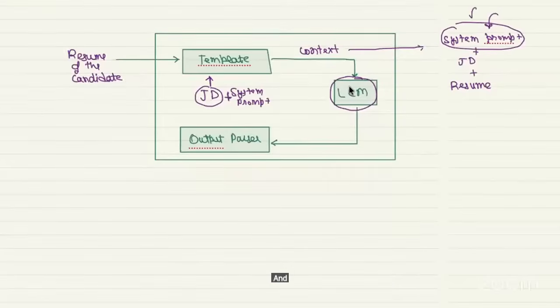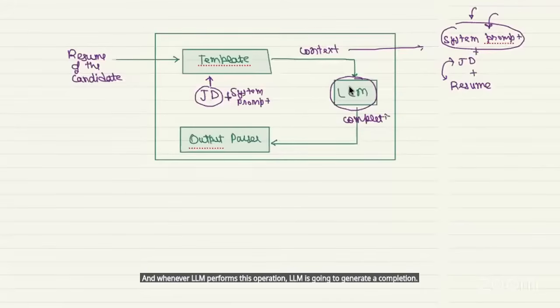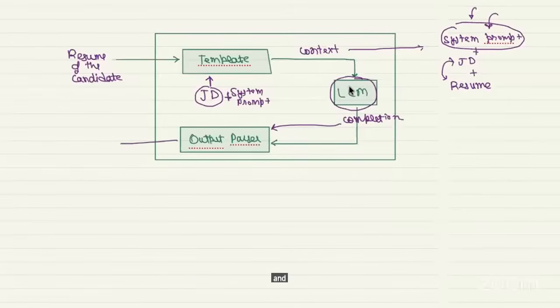And as per the instruction, the JD and resume are supposed to be matched. And whenever the LLM performs this operation, it is going to generate a completion. And this completion is going to be given to the output parser, and the output parser is going to generate the response.